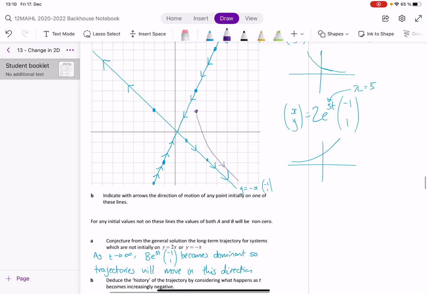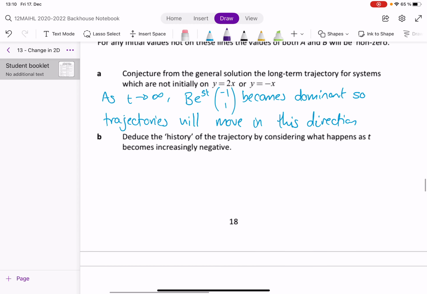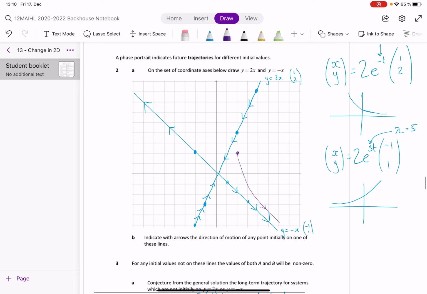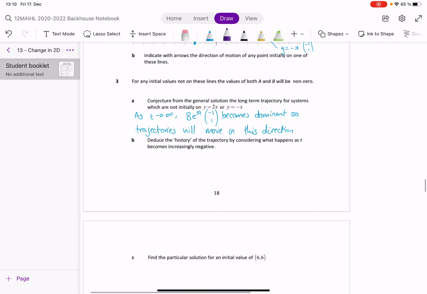Obviously, if we look at time values that are negative, the converse is going to be true. The first part is going to become more dominant, and if I go back in time, as it were, and try and trace this back, it's going to be more similar to the 1, 2 eigenvector. So that's the history of the trajectory.